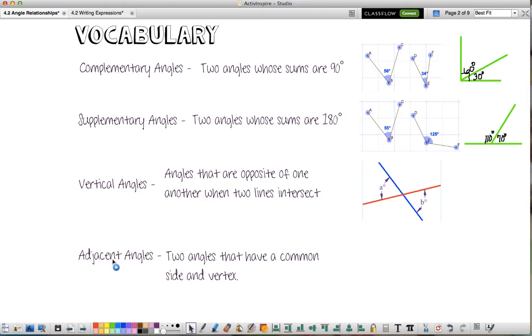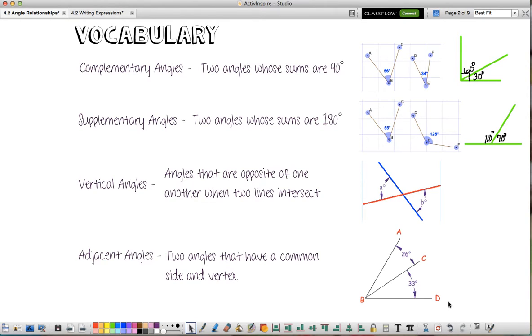Right. Adjacent angles are two angles that have a common side and vertex. So if they have a common side and vertex, they're next to each other. So even these would be considered adjacent angles in terms of your complementary and supplementary that are put together. Otherwise, here you have angle ABD, ABC, and CBD.